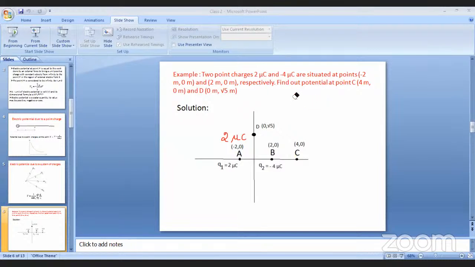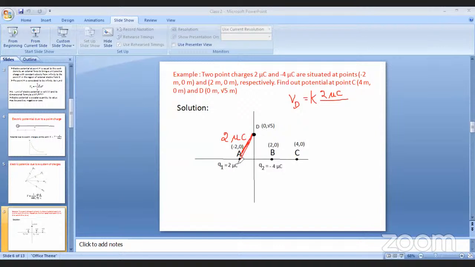So VD equals, what is the value of Q here? That is 2 microcoulomb. So K into 2 microcoulomb divided by R. What is the value of R here? R is the distance between this point A and this point D.